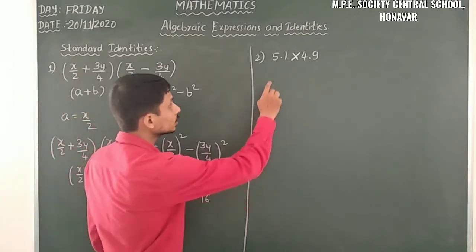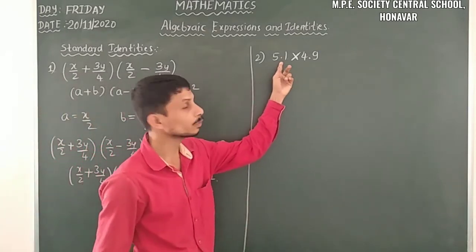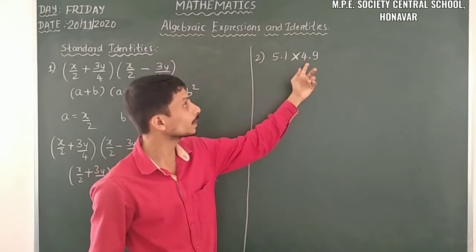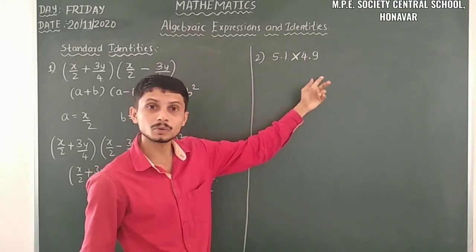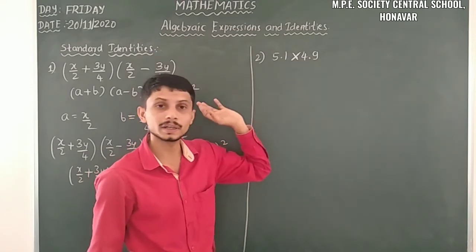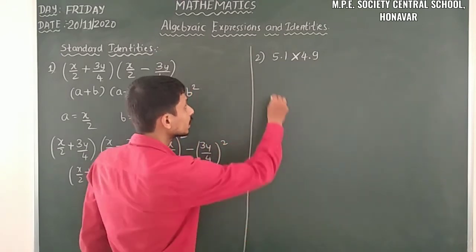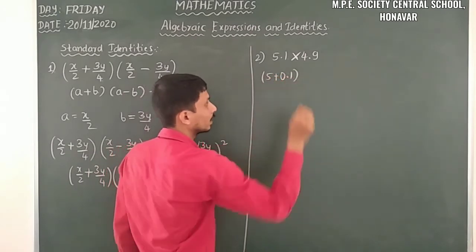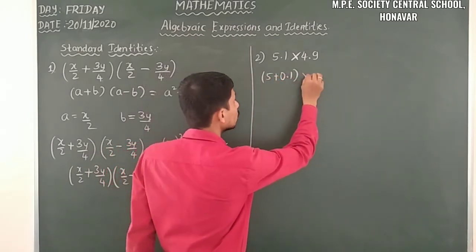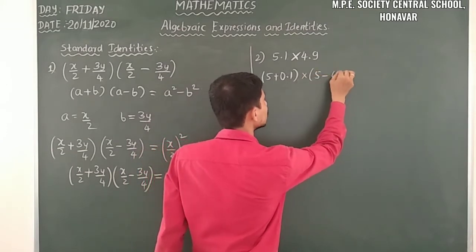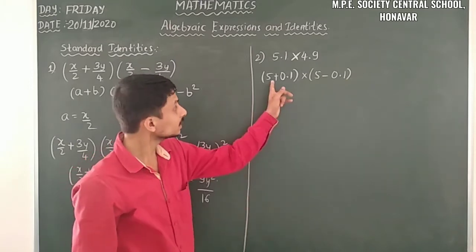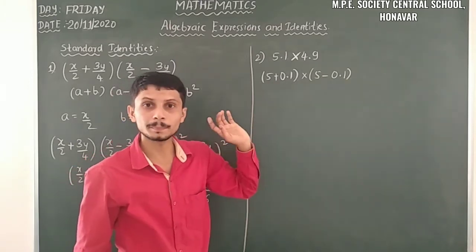Just observe, when we add 0.1 to 5 we get 5.1, and when we subtract 0.1 from 5 we get 4.9. So we can write it as (5 plus 0.1) into (5 minus 0.1).